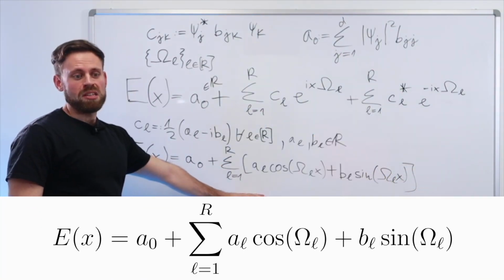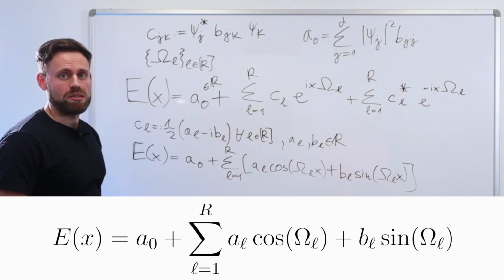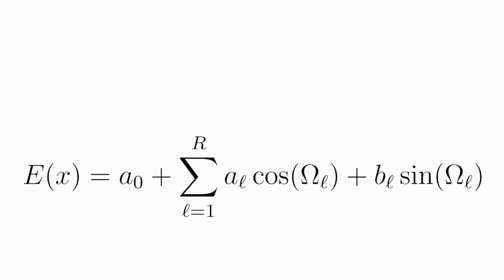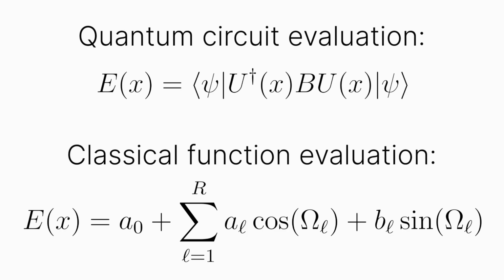If we have a look at this expression, this is a cosine sine form of a Fourier series. A really cool fact about this expression is that we can now evaluate such an expectation value, which was originally a measurement on a quantum circuit, as a classical function.